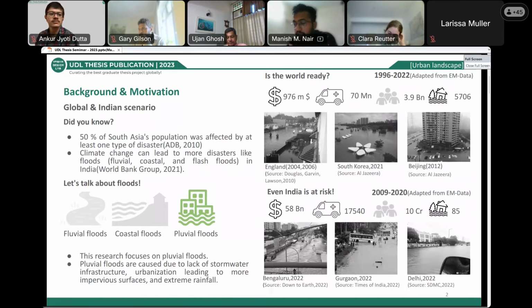Now, I wonder, why is this an issue? Does this happen just because of climate change or increased precipitation? No, but actually, various authors have identified factors like decrease in infiltration capacity, increase in impervious surfaces, and land use change as some of the contributing factors which increase the impacts of pluvial floods.